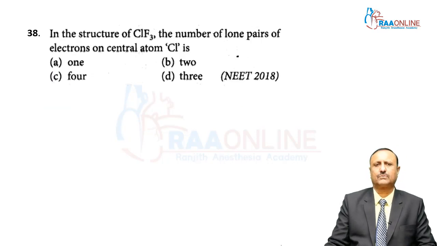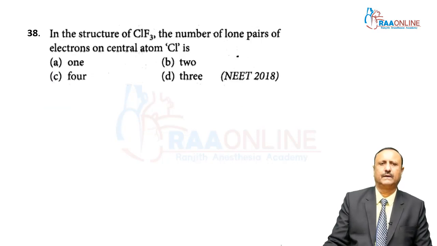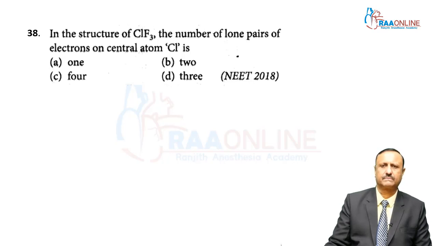Now we can go to question number 38. In the structure of ClF3, the number of lone pair electrons on the central atom chlorine is? My dear students, you can calculate by a trick. Here in chlorine, total valence electrons equal 7.